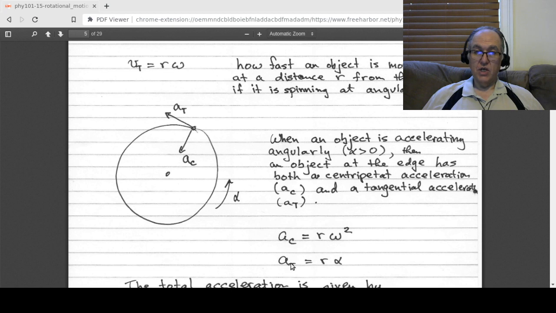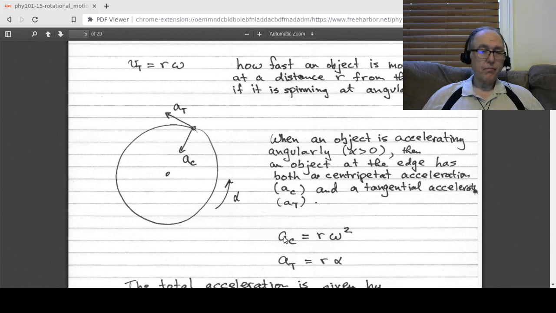That's at, your tangential acceleration. The tangential acceleration, by definition, is the rate at which the tangential velocity changes. And that's got to equal r alpha, because alpha is the rate at which omega changes. So the rate at which this equation changes leads to this equation, which is the tangential acceleration.